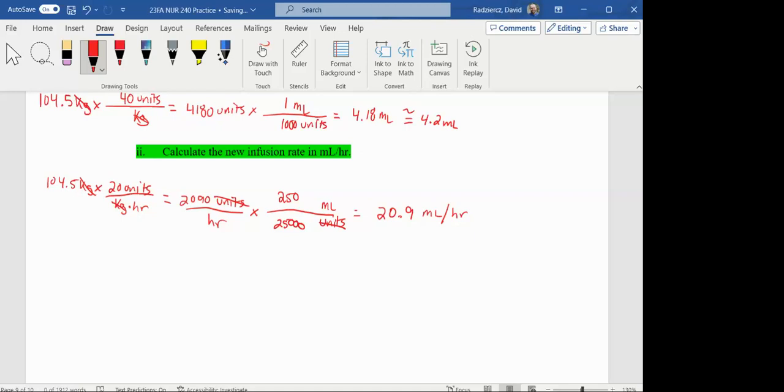You could probably set the units per hour because it's probably able to do that, but I don't know that. You don't have to worry about figuring that out, at least not on this test. But if you see it clinically, you'll know it the next time. Hopefully you see it. So that's the heparin protocol.